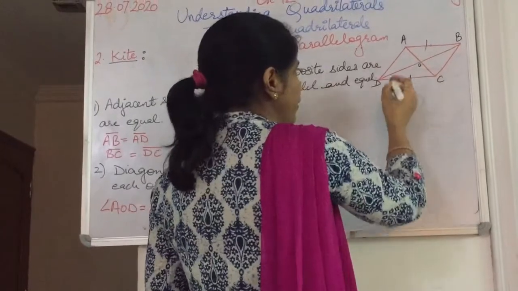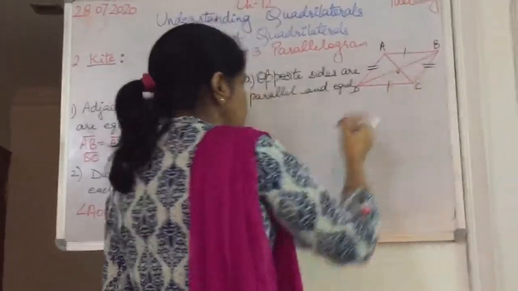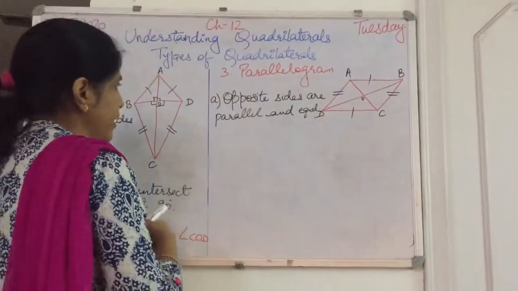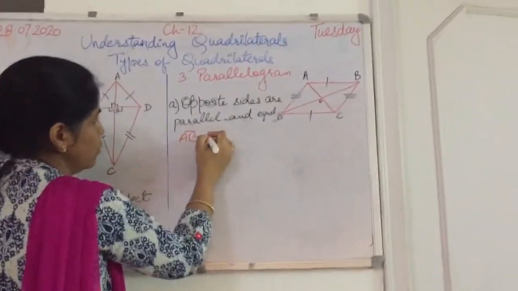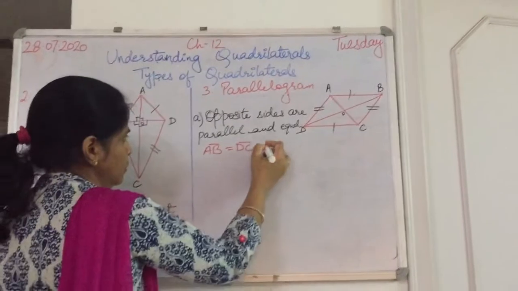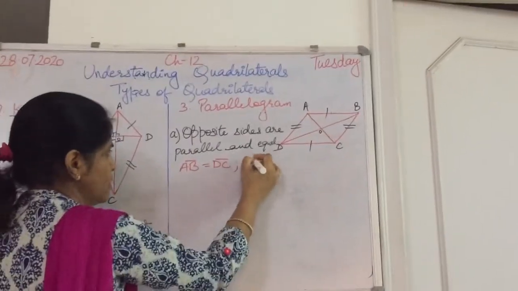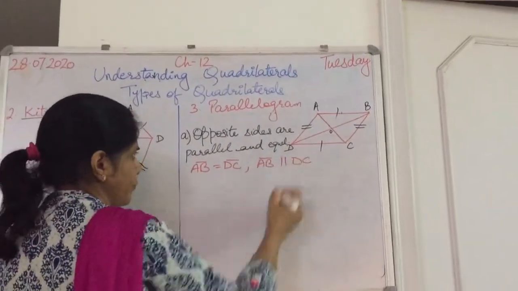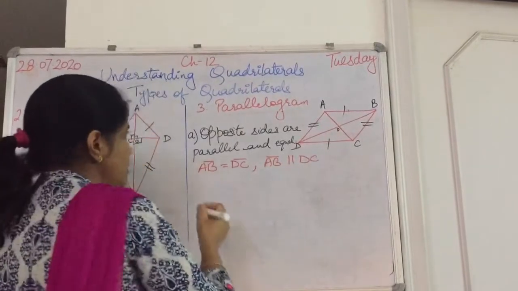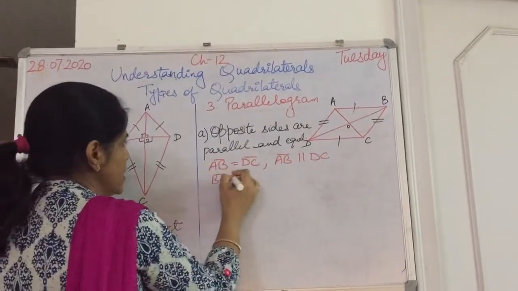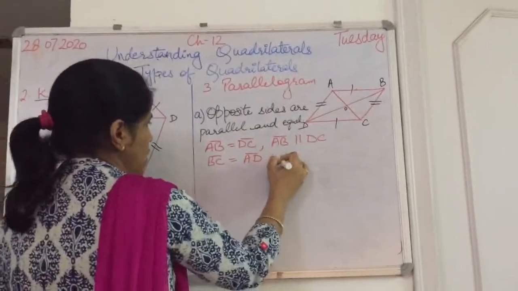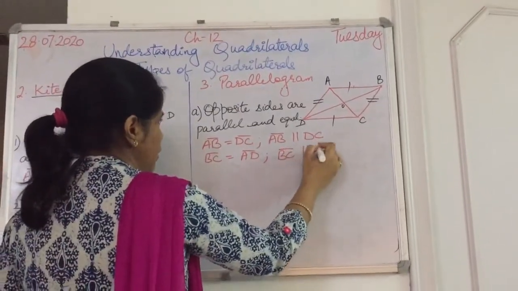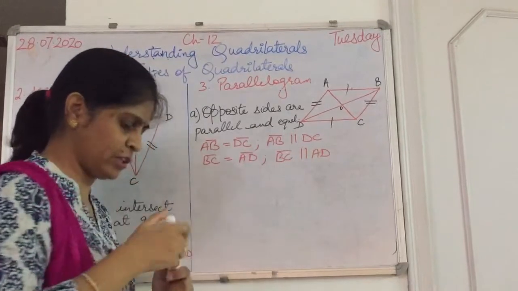DC is equal to AB, AD is equal to BC. Now let me write it in expression form. AB is equal to DC and AB is parallel to DC. Parallel and equal. Similarly, BC is equal to AD and BC is parallel to AD. This is the first condition.